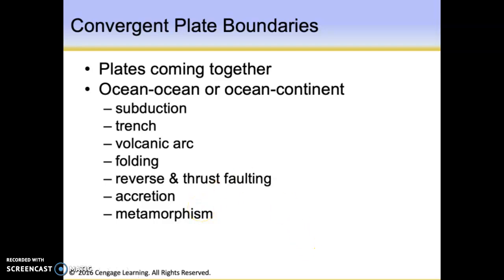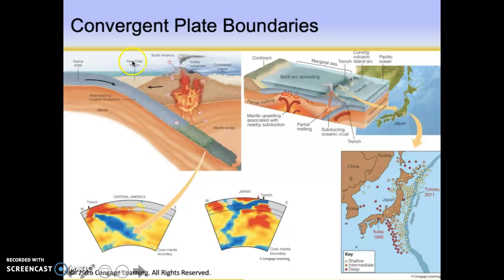The other thing we see happening here is something called accretion. You'll notice that here in the Peru-Chile Trench, they've got it filled in with something. They show a little pile of material there as well. The subducting plate, usually, especially if it's a little older type ocean crust, is going to have a lot of sediment on top.